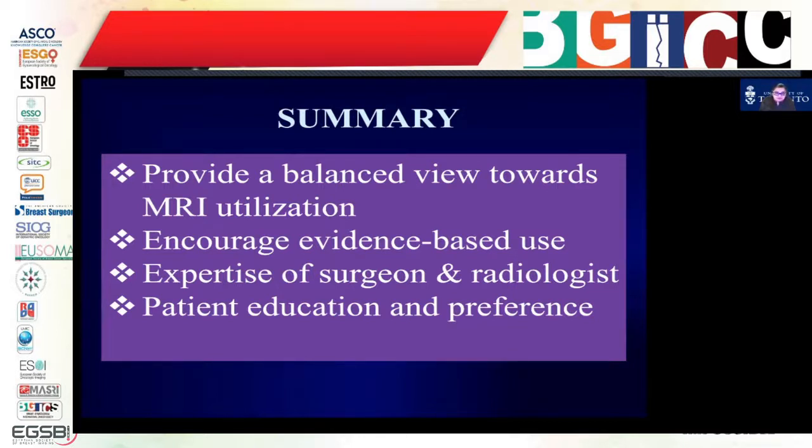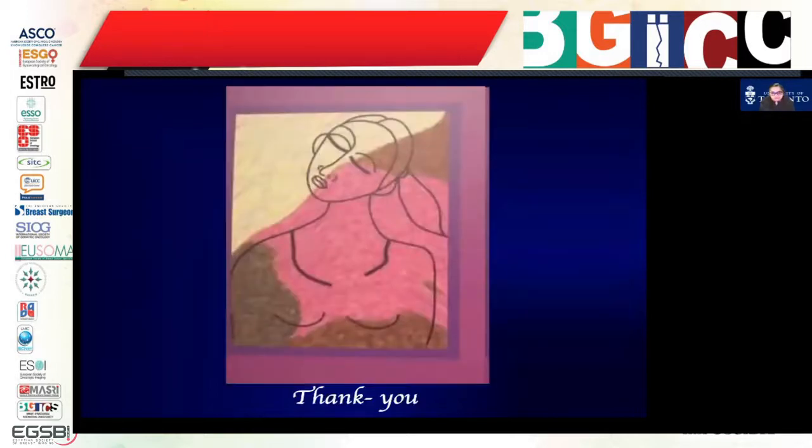And of course, patient preference is very important. This was just a brief overview of what is going on with preoperative breast MRI, and I hope this helps you guide your practice and make appropriate choices for your own patients.